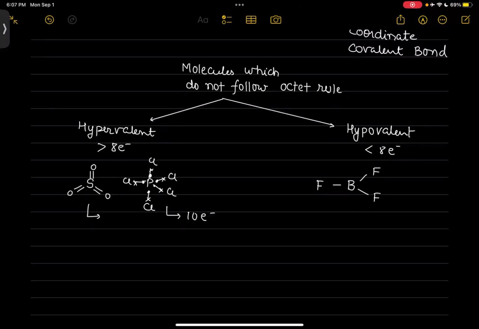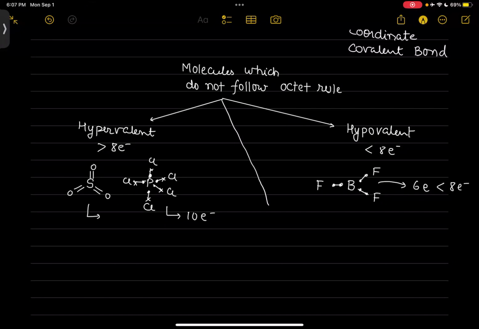How many bonds are there? 3. Total 6 electrons. They are less than 8 electrons, right?